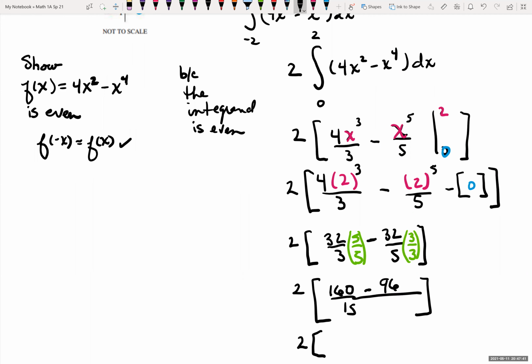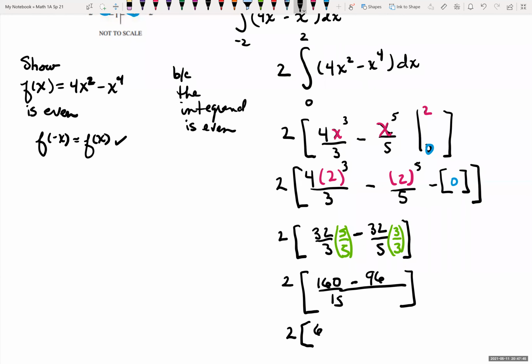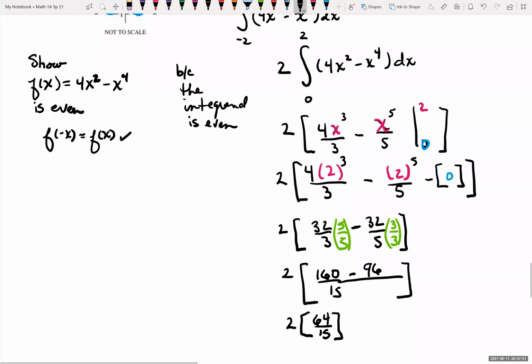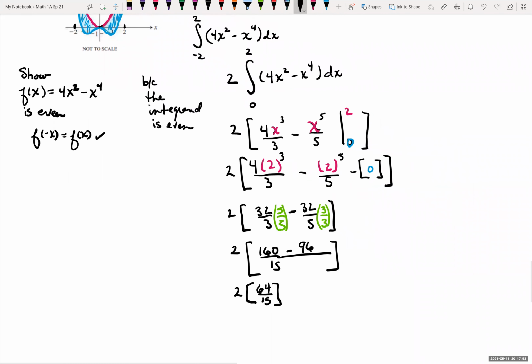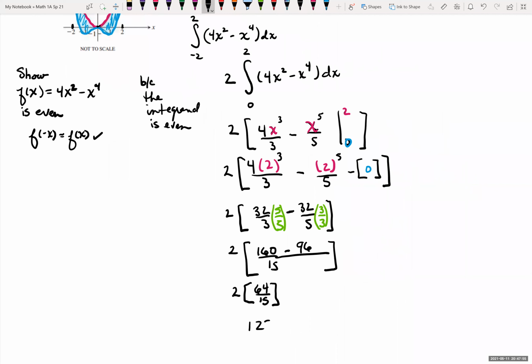So 160 minus 96 is going to give me 64 15ths. Or that's 128 15ths.